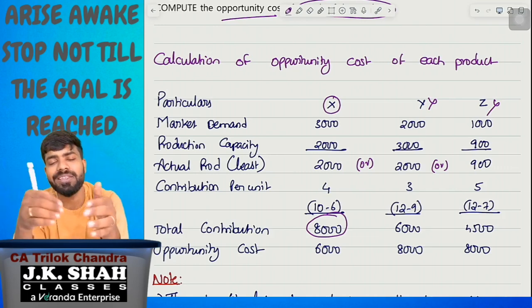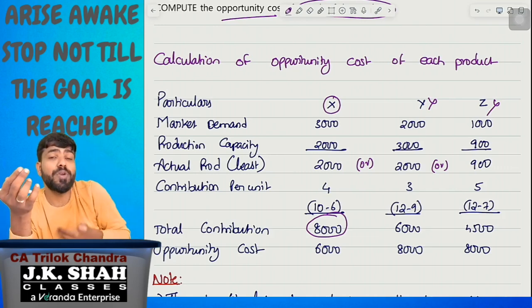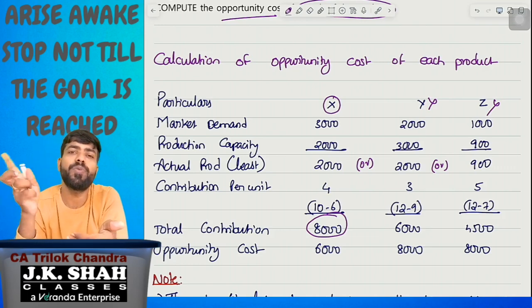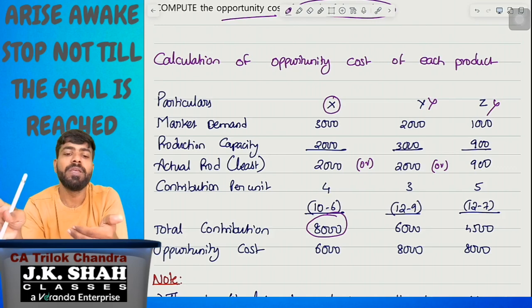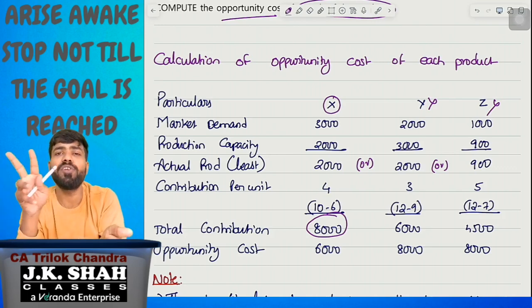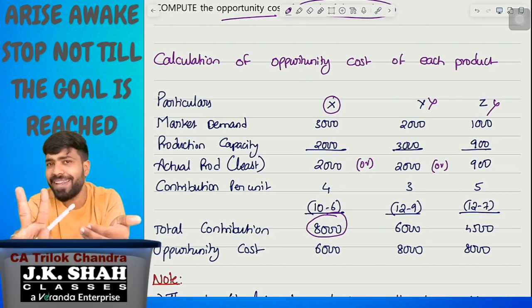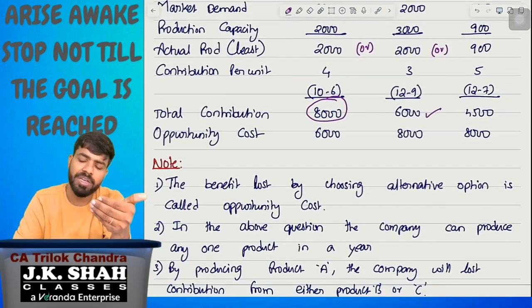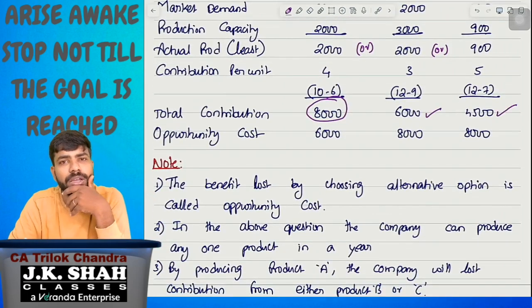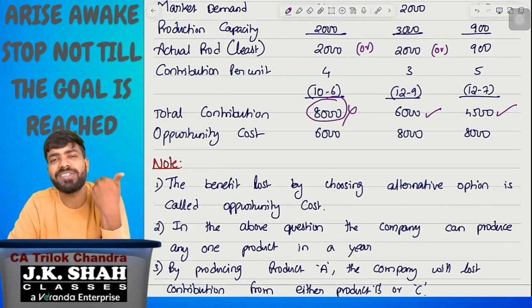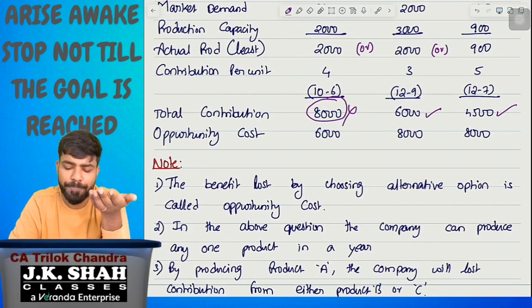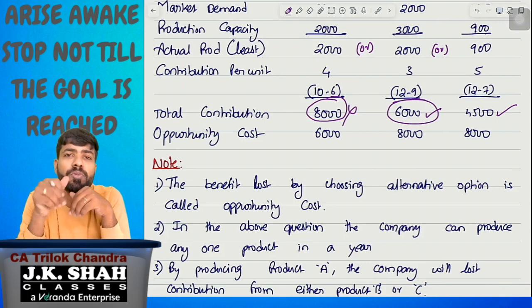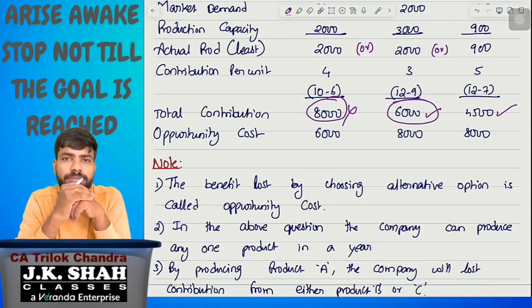Because of producing X, we are not able to produce Y and Z. But if you don't produce X, either you can produce Y or Z. So look at Y and Z. The contribution of Y is 6,000. The contribution of Z is 4,500. If you don't produce X, what is the next option that you will choose? Y or Z? Absolutely Y, because Y is giving more contribution compared to Z.